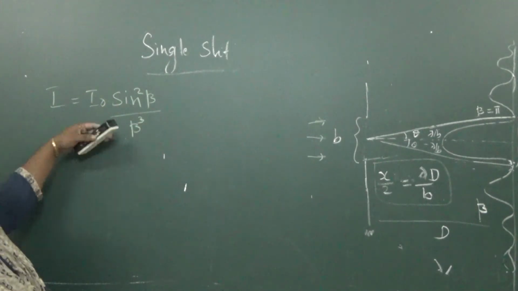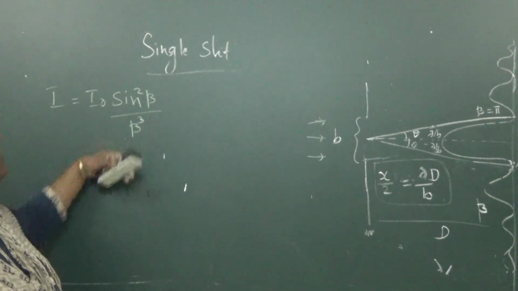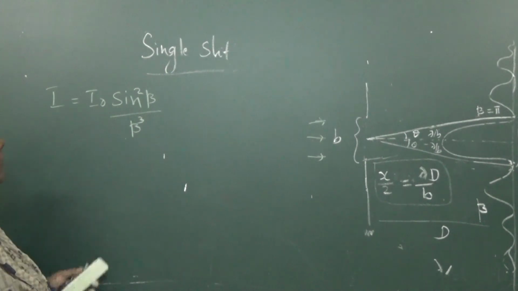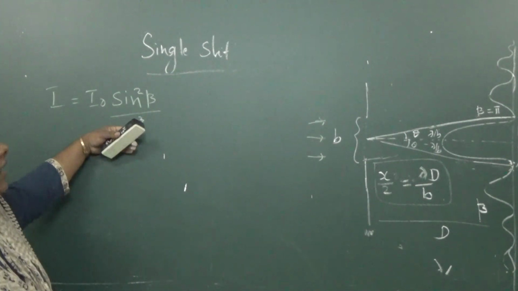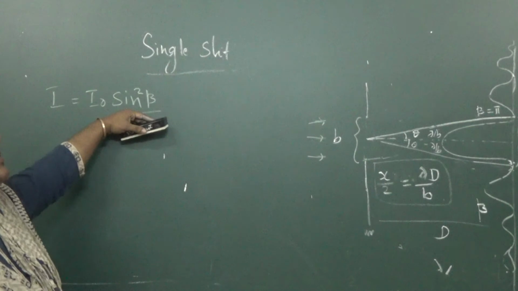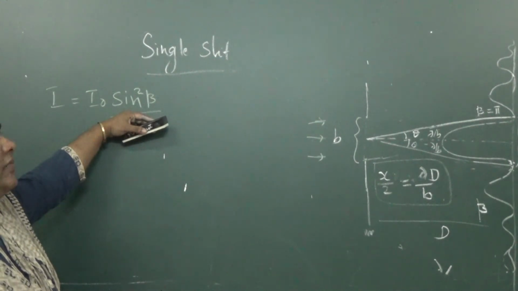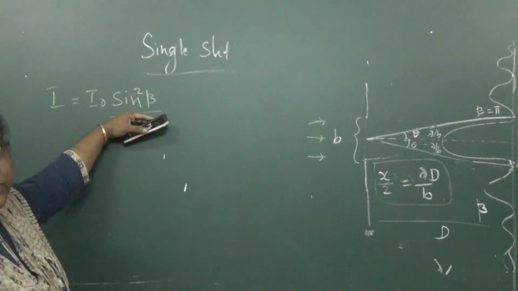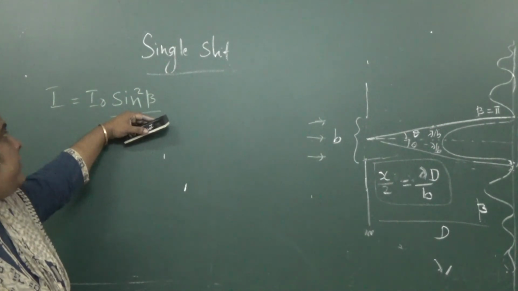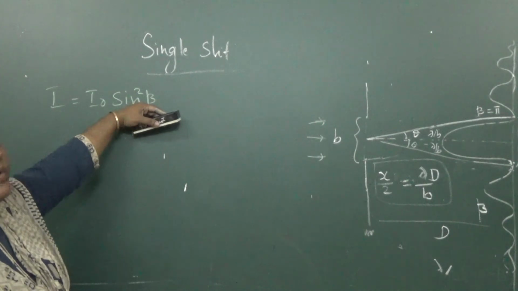Now we have found the condition for minima. So we know, but we don't know when it will be the maximum. Okay, it is not a single sine function. If it were a single sine function, you know, it will be maximum when it is odd multiples of pi by 2, which is sin 90 degrees, and that is 1.